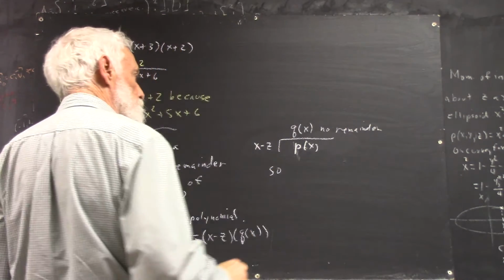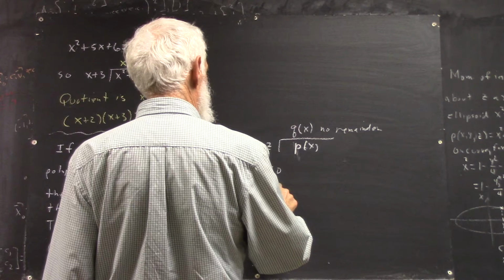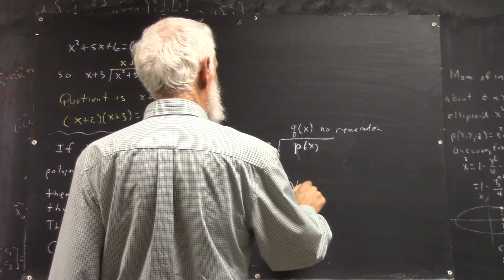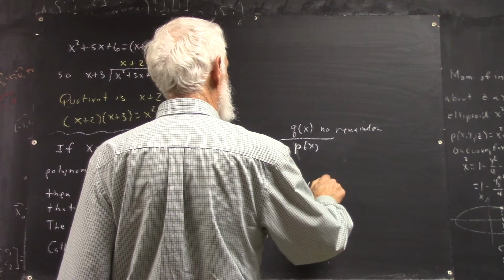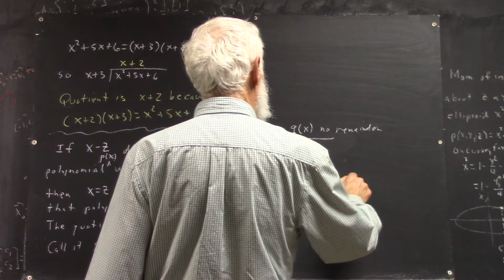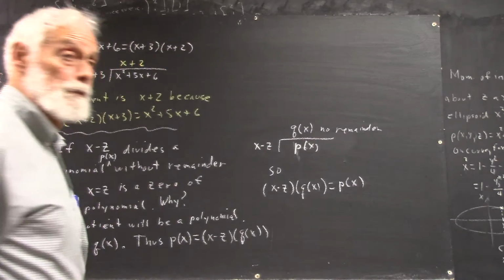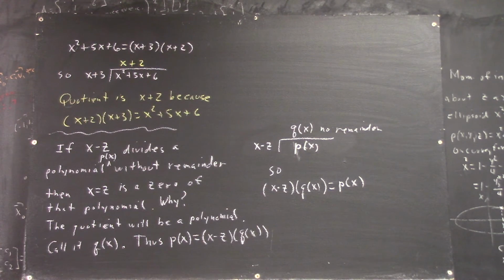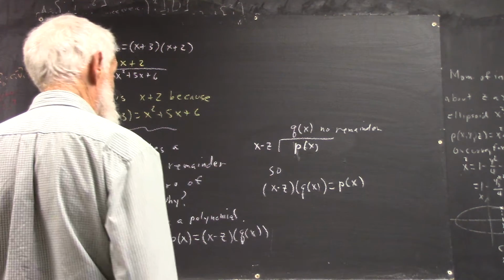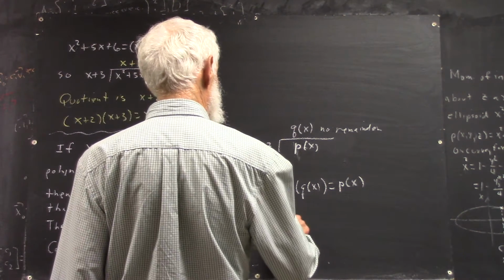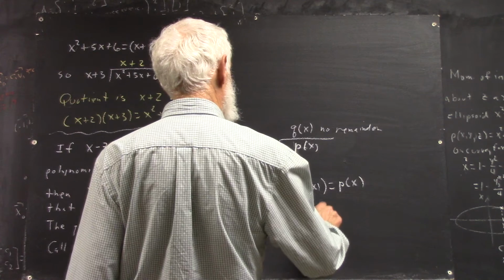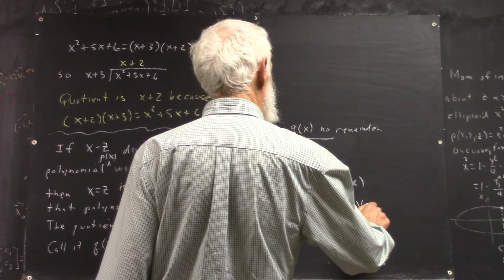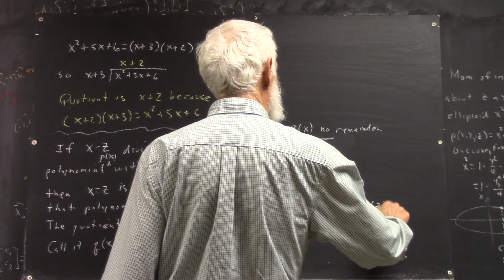So x minus z multiplied by q of x equals p of x, right? So that p of z equals x minus z times q of z.